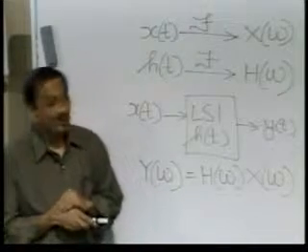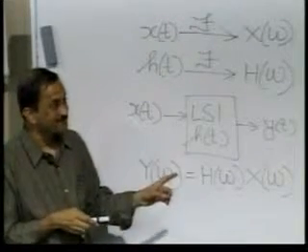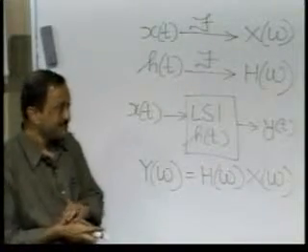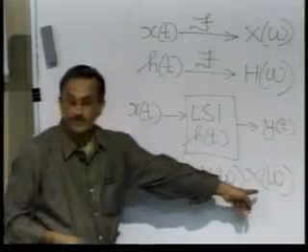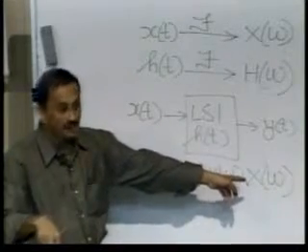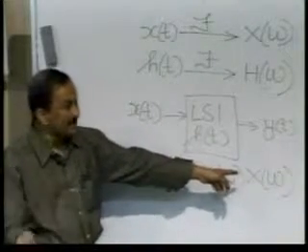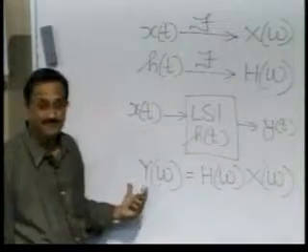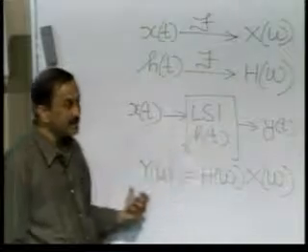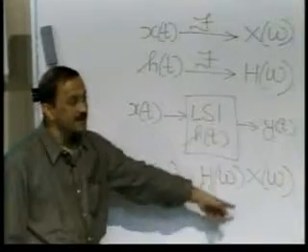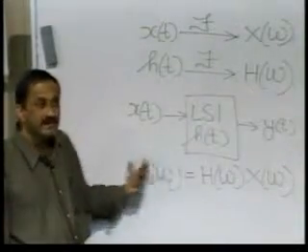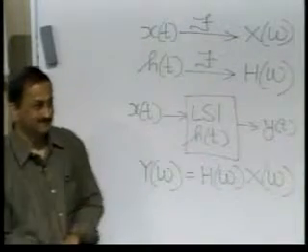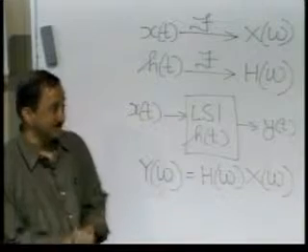So, not only is it memoryless, it is linear as well. It is linear because if you have x1 resulting in y1 and x2 resulting in y2, then k times x1 plus L times x2 will indeed result in k times y1 plus L times y2. That is very easy to show. And of course, it is very clear the system is memoryless.